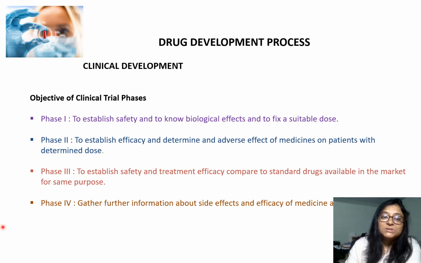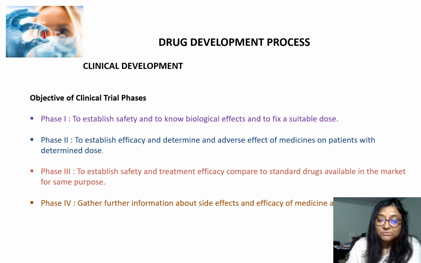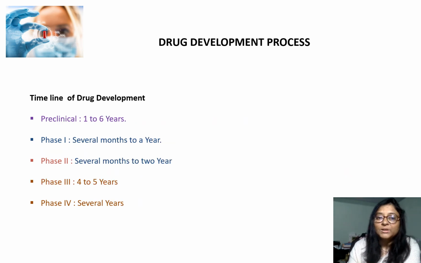In a single line, the objective of the drug development process is to ensure that any drug coming to the public or the market is safe, is efficient, and does not have adverse side effects. To establish all these things, this drug development process is done.